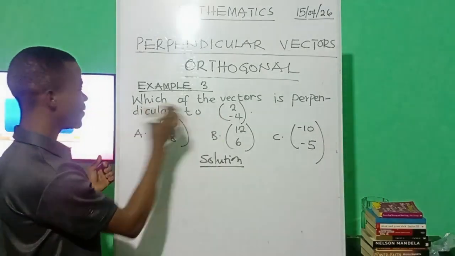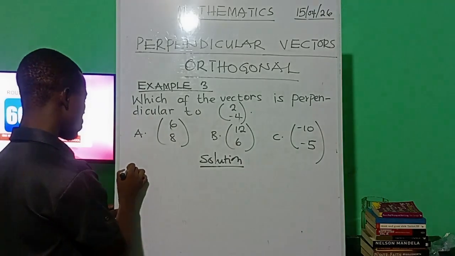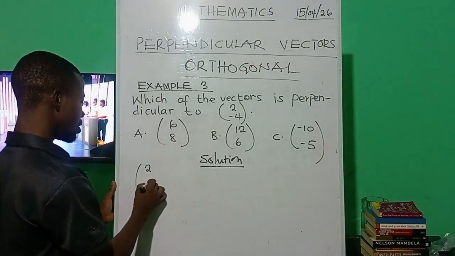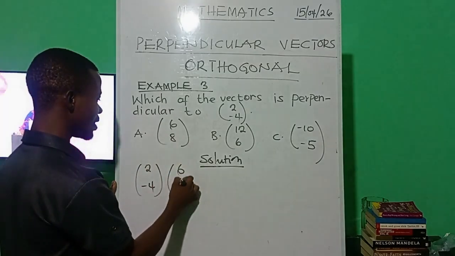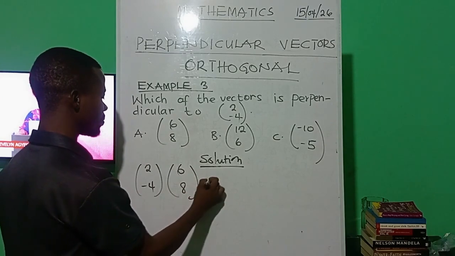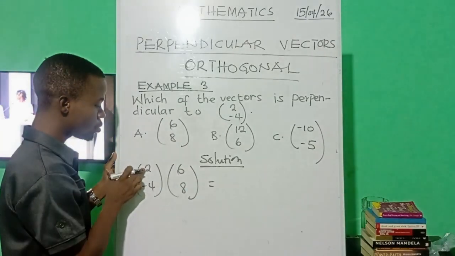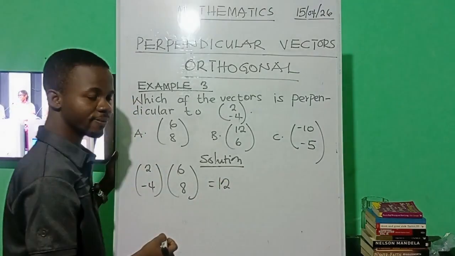Let's compare the given vector to this vector. So we have 2, -4. Let's multiply it by this, which is 6, 8. If you multiply, what do you get? 2 will multiply 6, and that will give you 12.